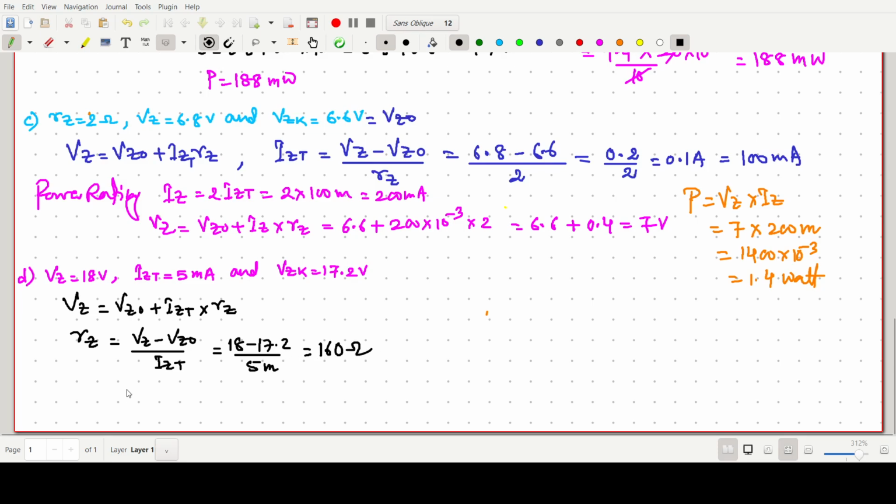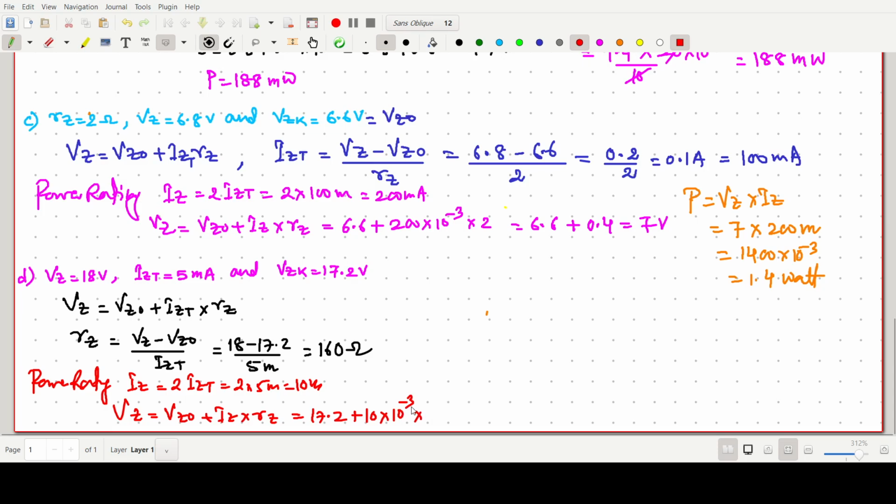Now for the power rating, the Iz value will be twice the Izt, means 2 into 5 milli, 10 milli. Again we have to find Vz, so Vz naught plus Iz into Rz. Vz naught is 17.2 plus Iz 10 into 10 to the power minus 3 into Rz.